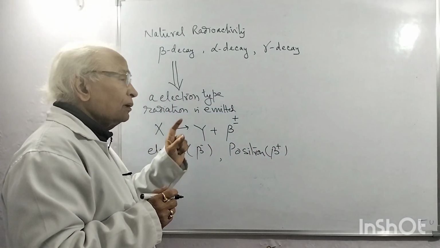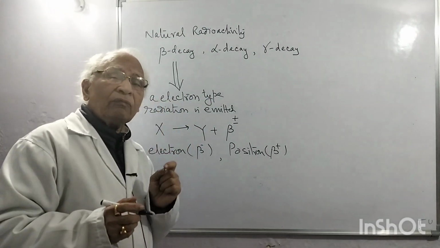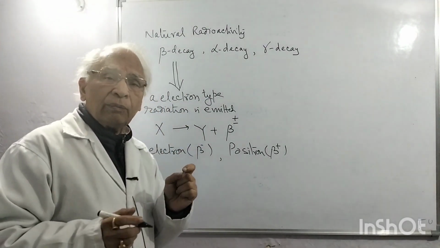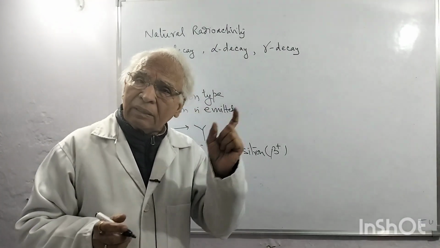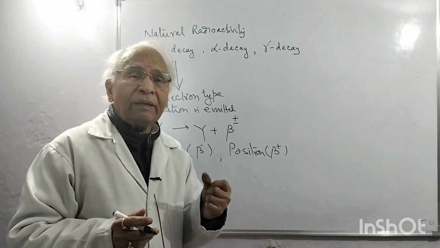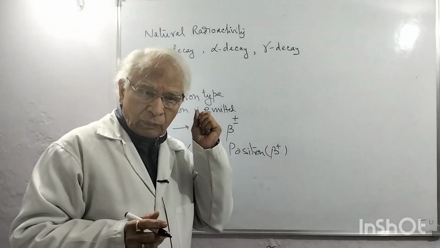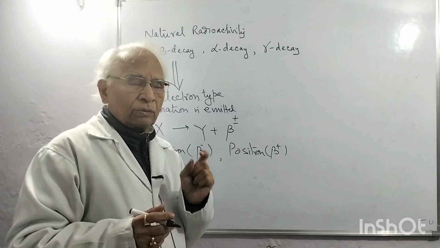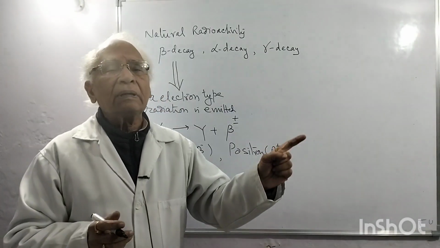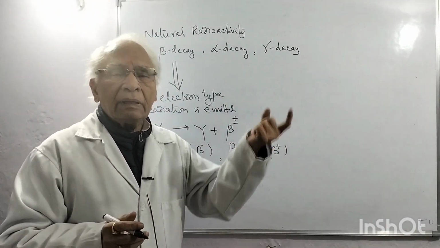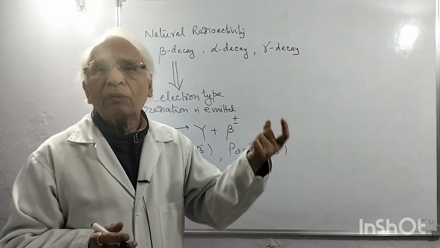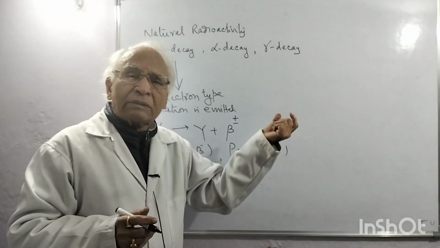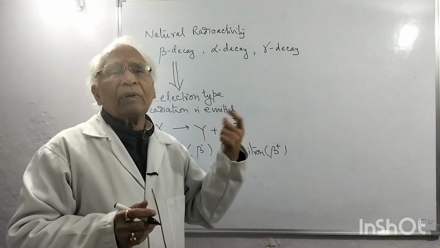But for emission of atomic electron, we require some energy. We require some external agency. Either you heat the element or you bombard it with some radiation, so that energy is transferred to the atomic electron in the orbit and it comes out. So there are many processes of emission of atomic electron.